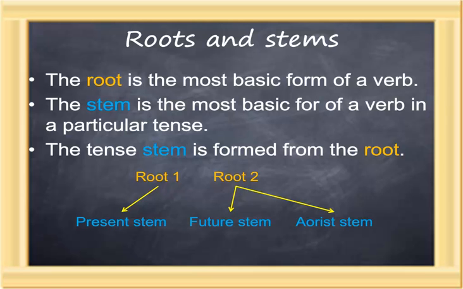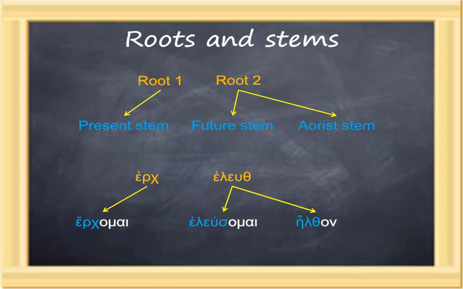However, there are also cases where a verb may have more than one root, one forming the present stem and another root forming other stems. For example, the very common word erchomai, I come or go, has at least two roots. Erch is the root behind the stem erch of the present erchomai.